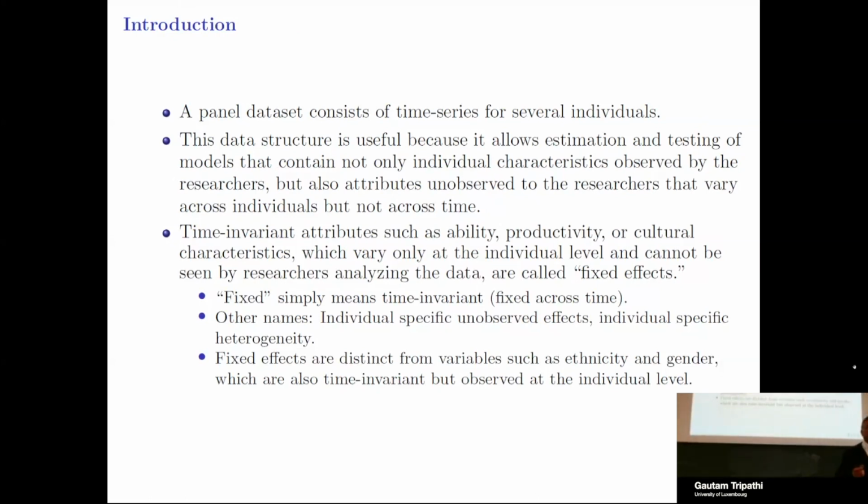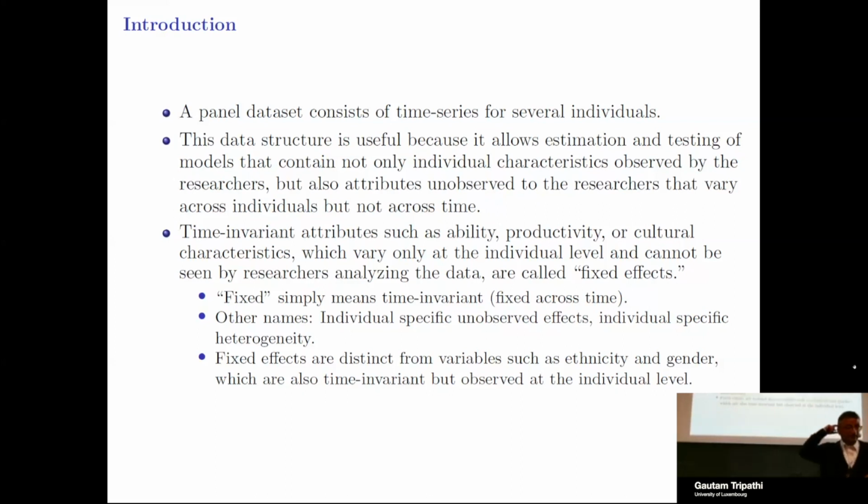And the reason why this data structure is useful in applications is because it allows you to incorporate explanatory variables that are actually unobserved. The fact that you have variation coming from two dimensions, individuals and time, allows you to incorporate in your models certain kinds of unobserved regressors or unobserved explanatory variables.